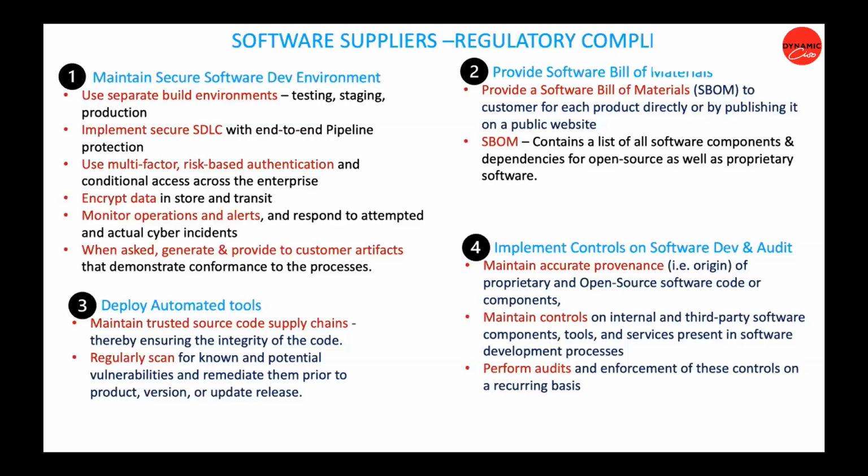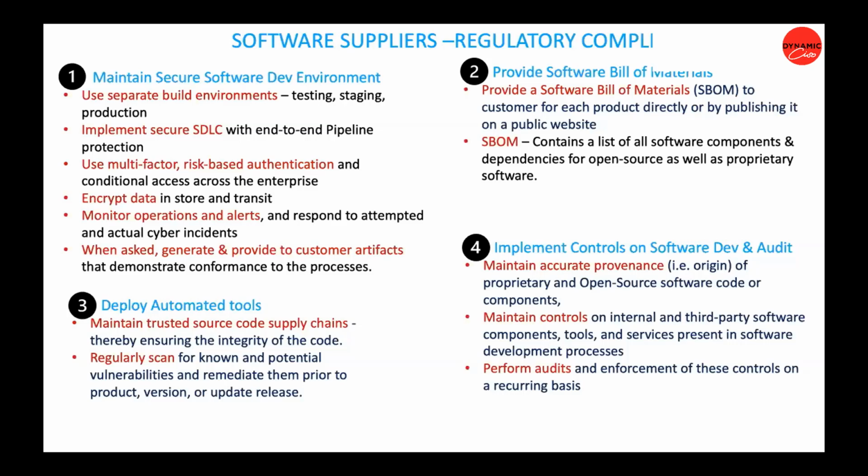All alerts should be monitored, and very importantly, these compliances have consistently said that a customer now has the right to ask for artifacts that prove that the supplier is following and conforming to proper security practices, right? Earlier, it was like a black box. It was like the good old days of the cloud, where nobody knew what these cloud providers were doing, right? And if you wanted to audit them, they refused. They would not let you get into their systems, right?